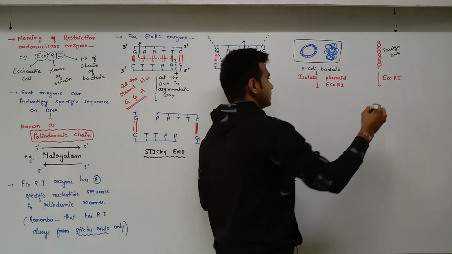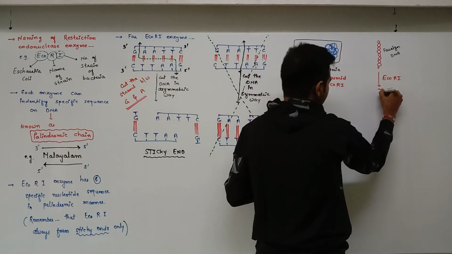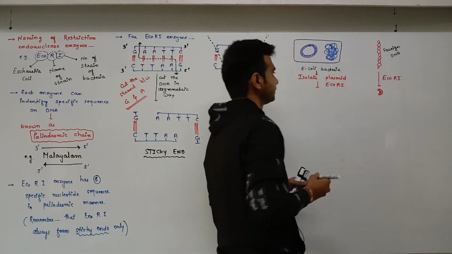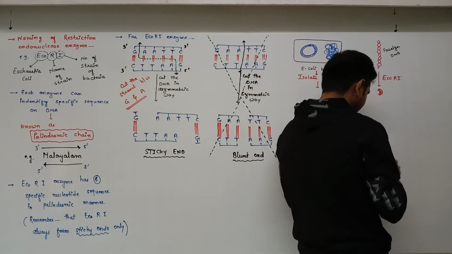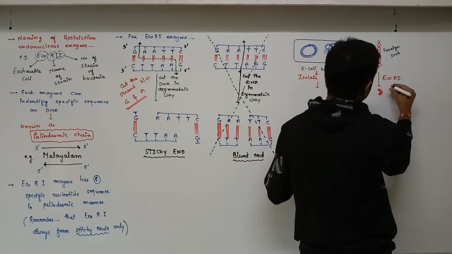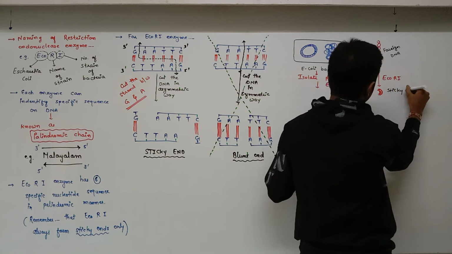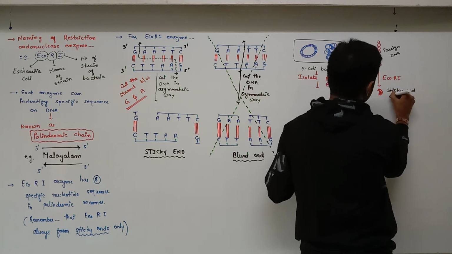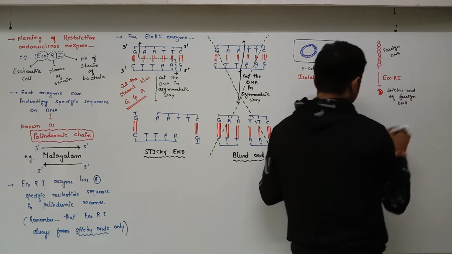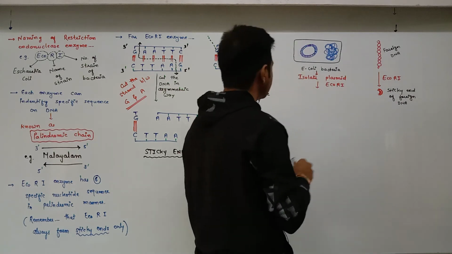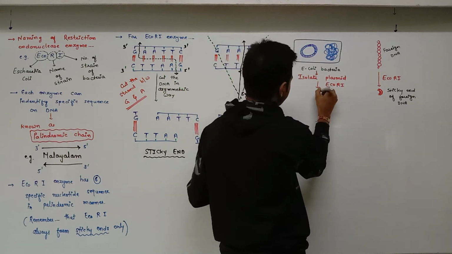So here, a small fragment of the DNA can be formed. Okay, so this is the sticky end of the foreign DNA, and here this is the sticky end of the plasmid.